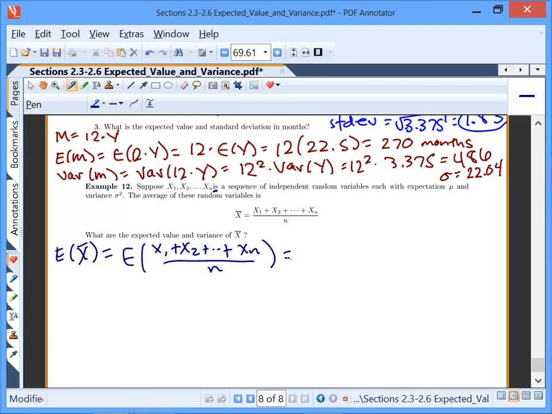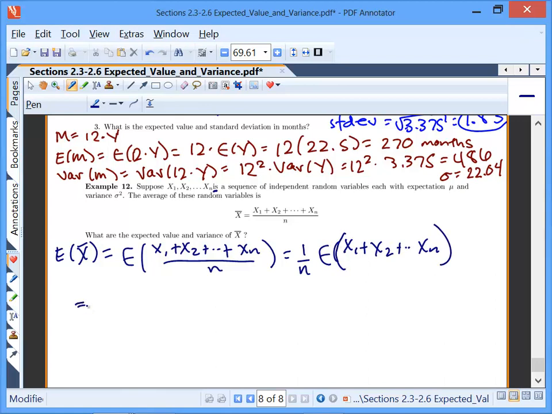Is this n a random variable or a number? It's a constant, a number, and so what do we do with that for an expected value? Pull it out. So this is 1 over n times the expected value of x1 plus x2 up to xn.